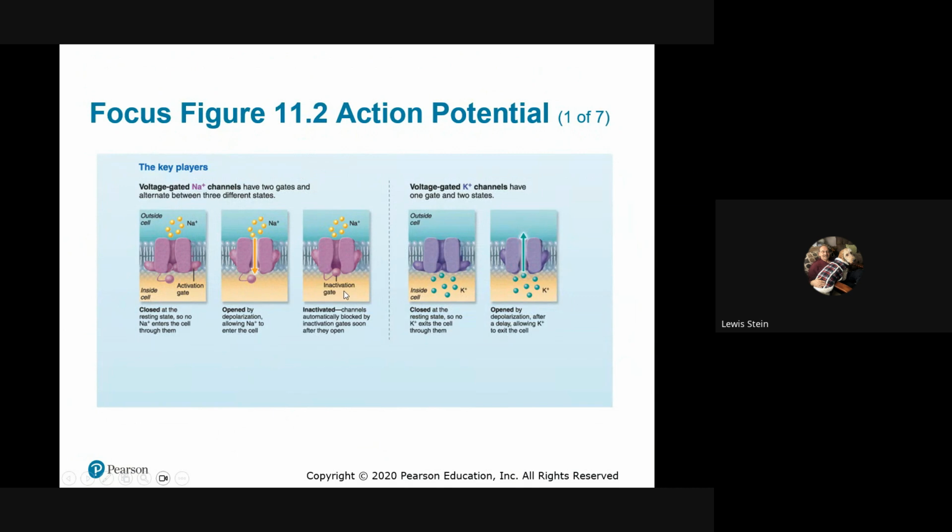Once the sodium has flowed in and it's reached the next set, which are the potassium channels, it starts to reverse the process. This inactivation gate swings over. Even though the gateway technically is open, the inactivation gate is a barrier, and sodium can't get through the barrier. If we put a transparent plastic screen in front of that doorway, we could see what's out there, but we can't get through. That's like an inactivation gate.